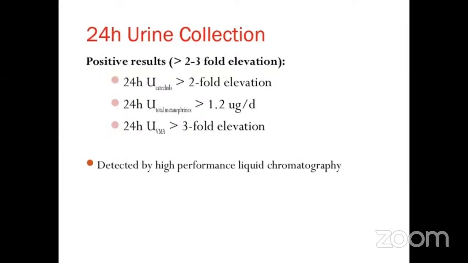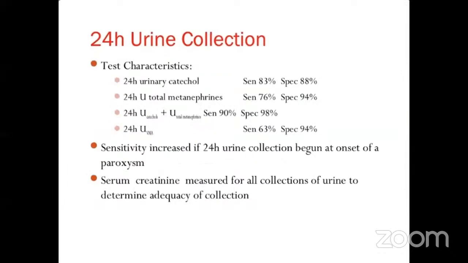Positive results are more than a 2 to 3-fold elevation in 24-hour urinary catecholamines. For total metanephrines, there will be more than 1.2 micrograms, and for vanillylmandelic acid, more than a 3-fold elevation. They are detected by high performance liquid chromatography. Sensitivity is increased if the 24-hour urine collection begins at onset of paroxysm, and serum creatinine is measured for all the urine collections to determine the adequacy of collection.